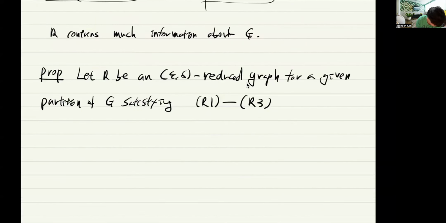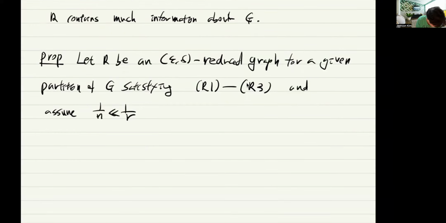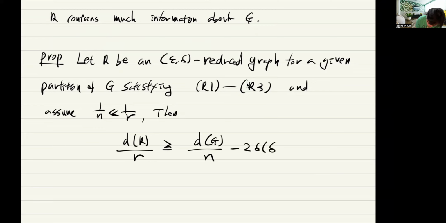So then what? Assume N is sufficiently large compared to T. Then what happens is that for every degree of R, we can get a lower bound as the degree of G minus some small number, as long as you take delta and epsilon small.